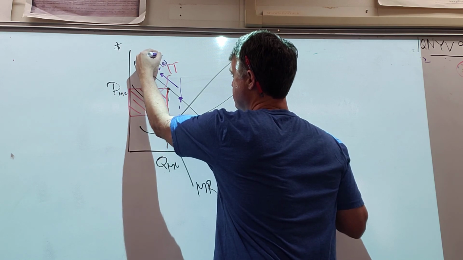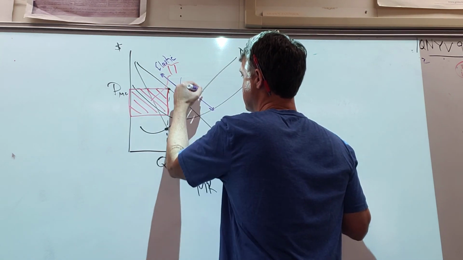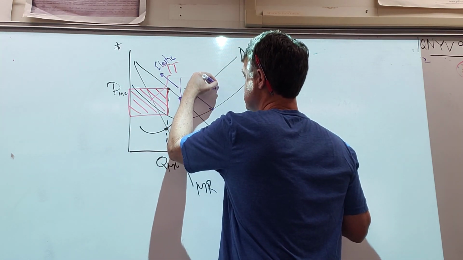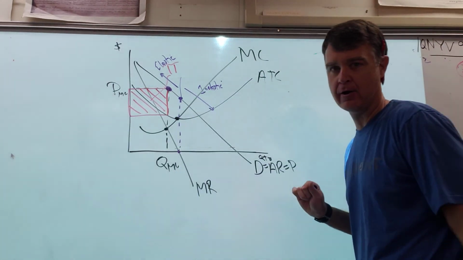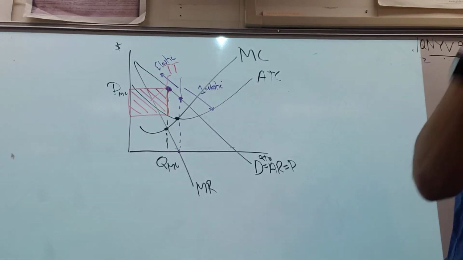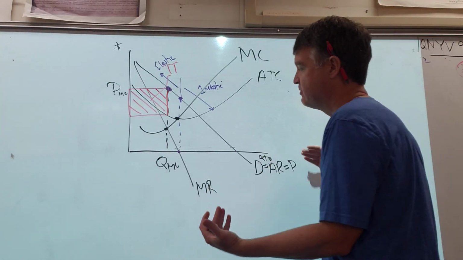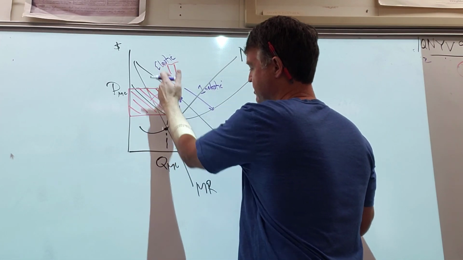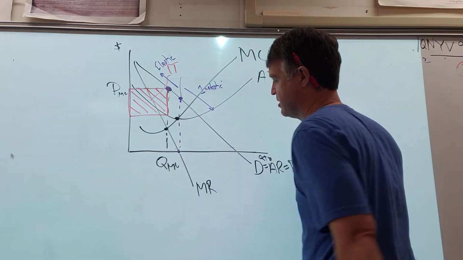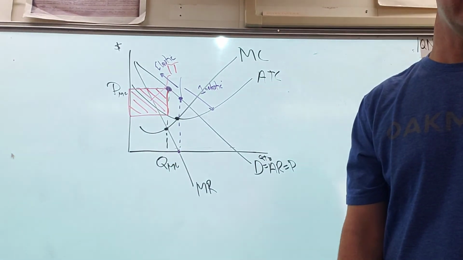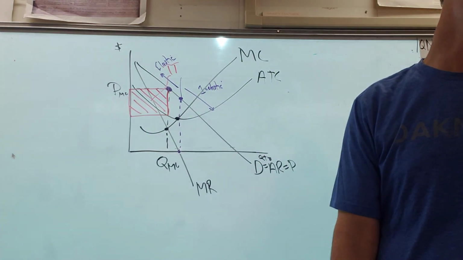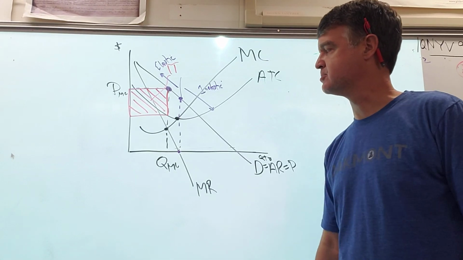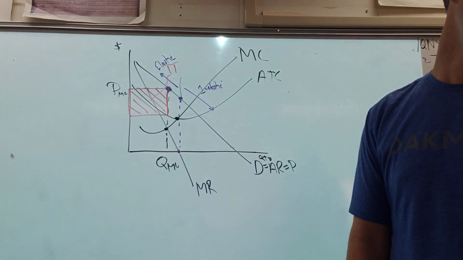Anything up here is elastic, anything down here is inelastic. Is the profit maximizing point inelastic? Very simply, no, because marginal revenue is greater than 0 at that price, so it's elastic.